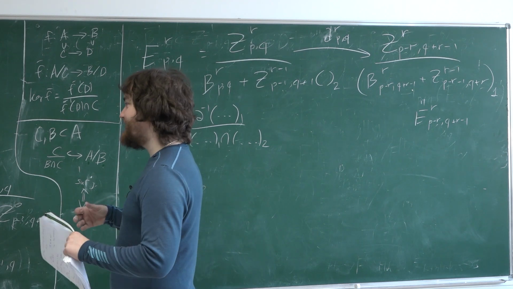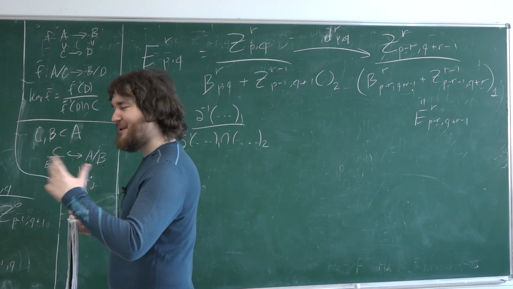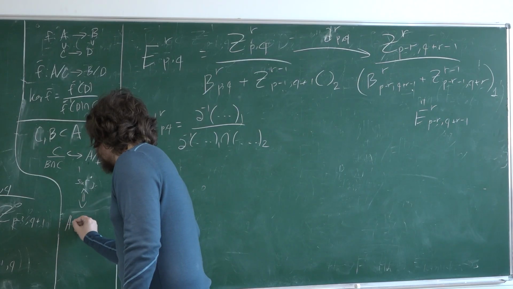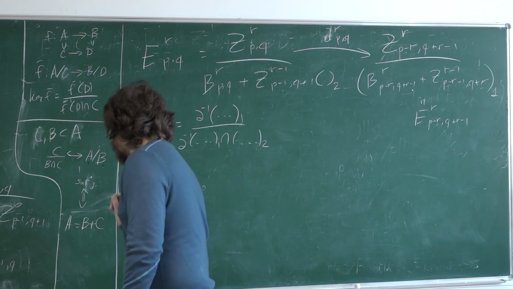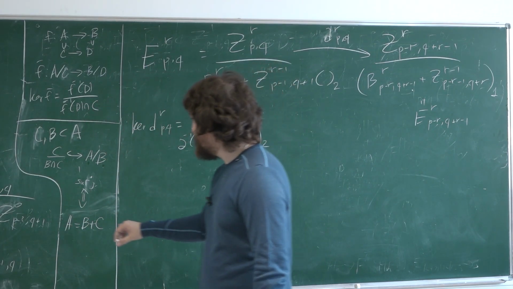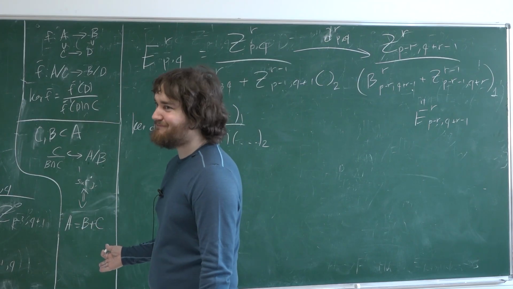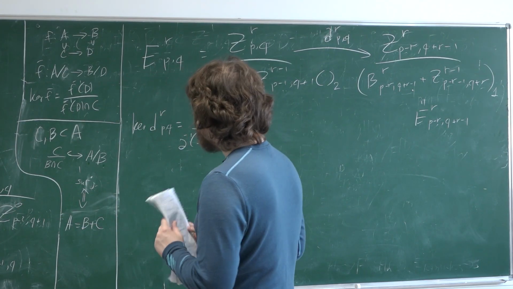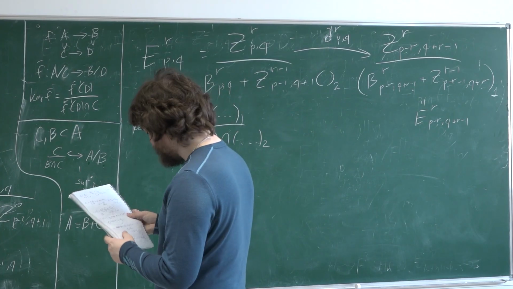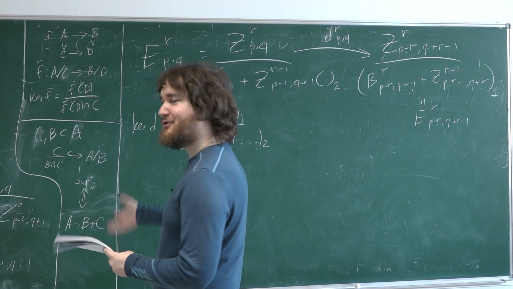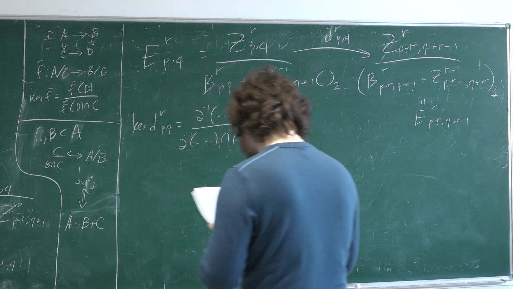It means that A equals B plus C. So A coincides with C modulo B. Okay? If it's not clear, you can think about this.